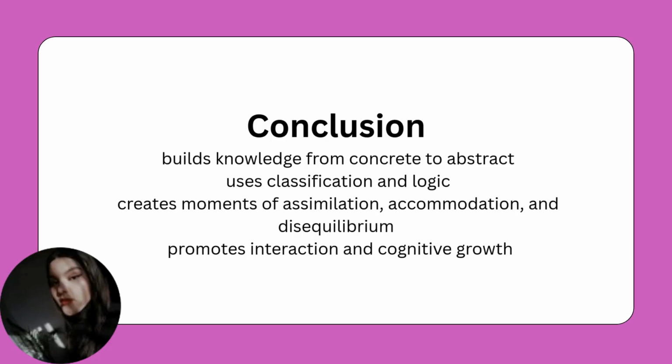Throughout the lesson, the students experience moments of disequilibrium, especially when they realize that some nouns cannot be counted like other ones. This temporary confusion helped them move through assimilation and accommodation, and of course, allowed their understanding of the topic to develop more naturally.